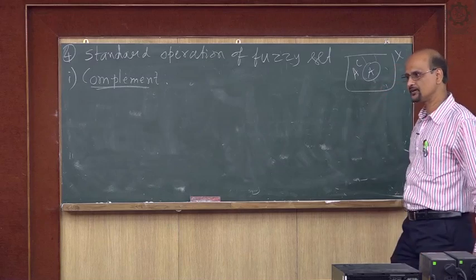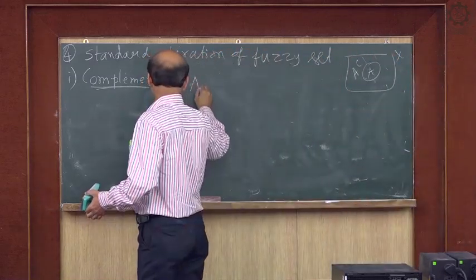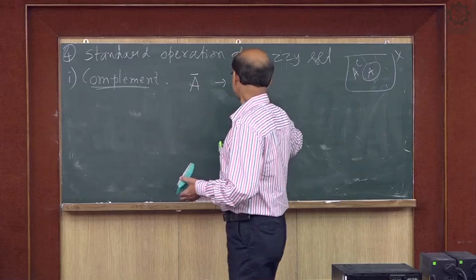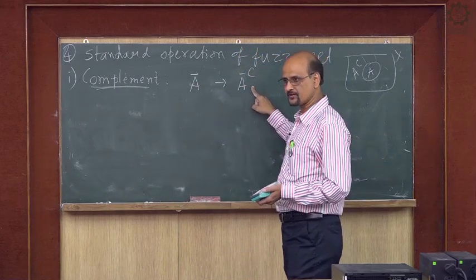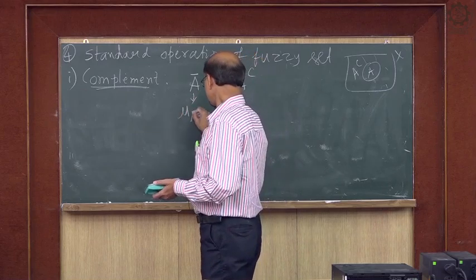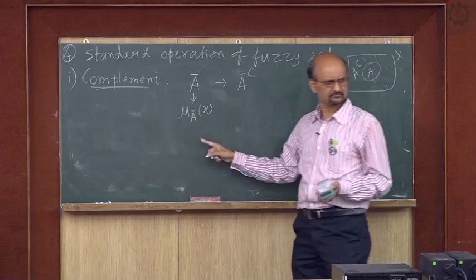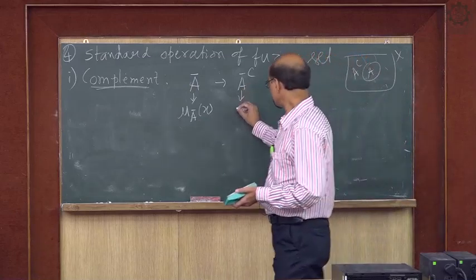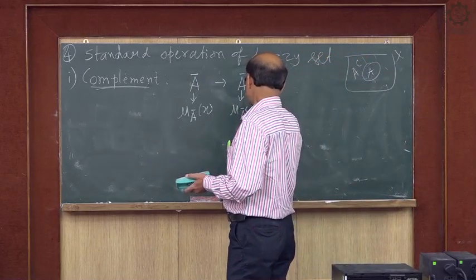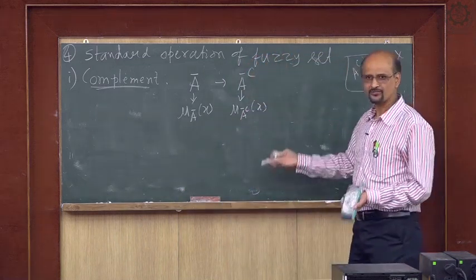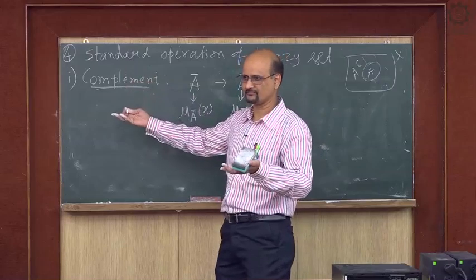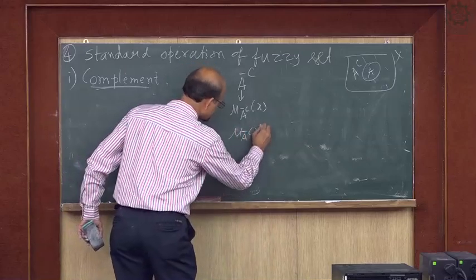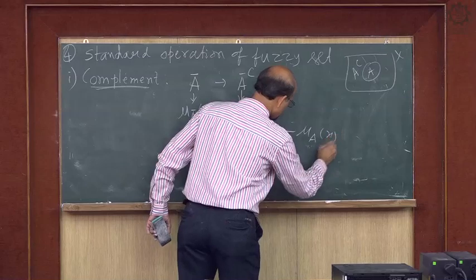Here I have a fuzzy set A bar and I have to find its complement. We denote it by A bar C. For each x you have a membership function mu A bar x, and for the complement the membership function is 1 minus mu A bar x, because your values are from 0 to 1, a closed set including 0 and 1.